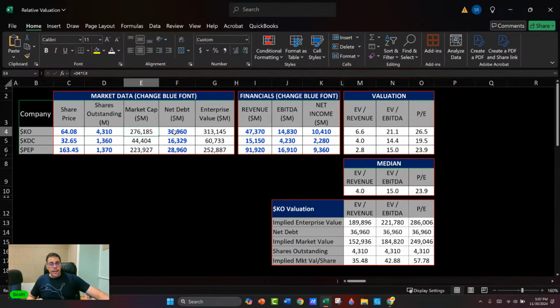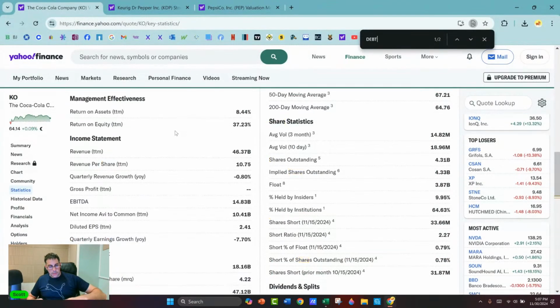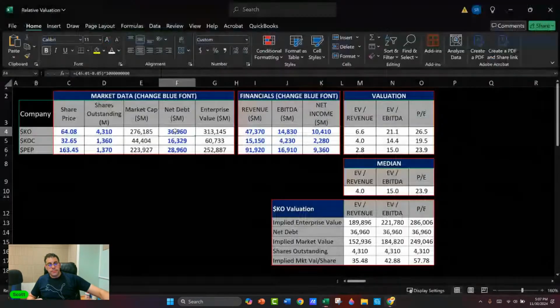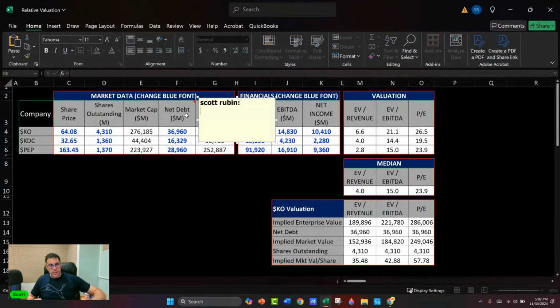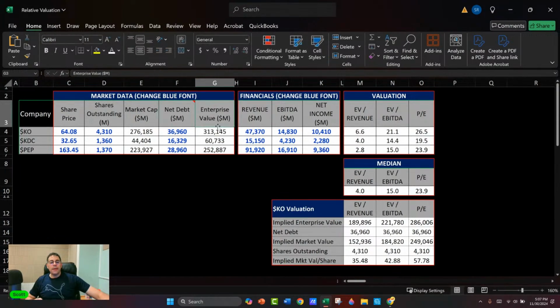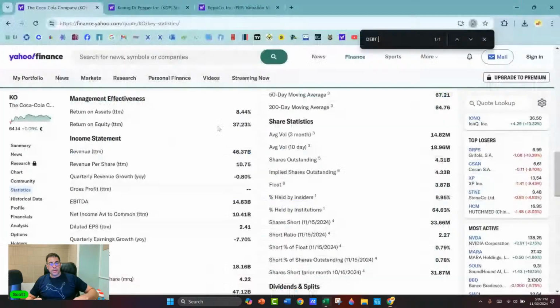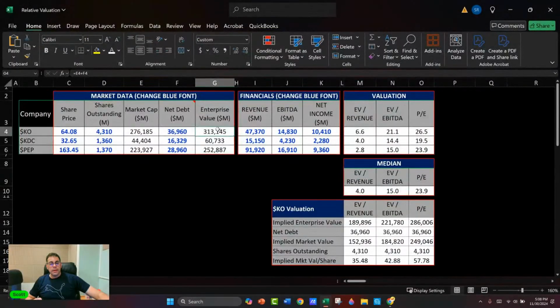And then net debt, you could get that from Yahoo Finance. It's total debt minus cash. That's what net debt is. And then EV, enterprise value, is also calculated, because enterprise value is market cap plus net debt.